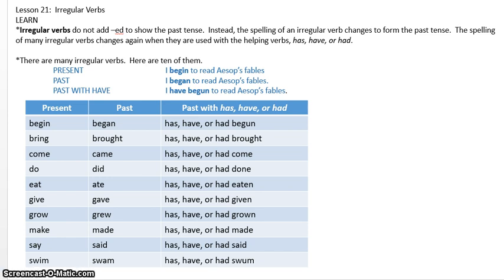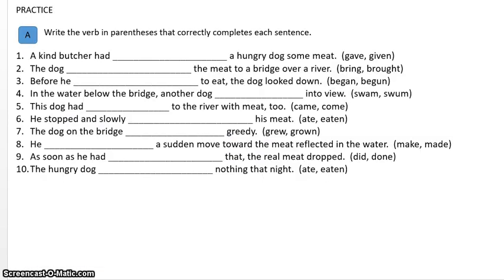So let's go ahead and take a look at practice set A. I've put the pages of the workbook on your assignment sheet, so you shouldn't have any problems finding it. It says write the verb in parentheses that correctly completes each sentence. They were so very nice to you.